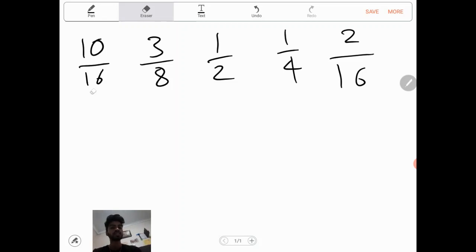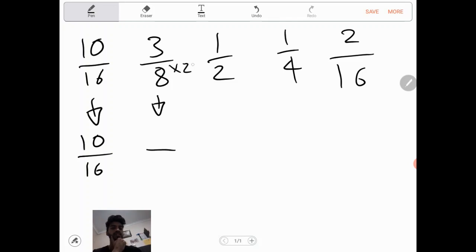Now I can change them all into 16ths. So this one I would leave the same, 10/16. This one, to make that into a 16th, what would I need to multiply the numerator and the denominator by? Well, I know that 2 times 8 gives me 16, so I need to times that one by 2.